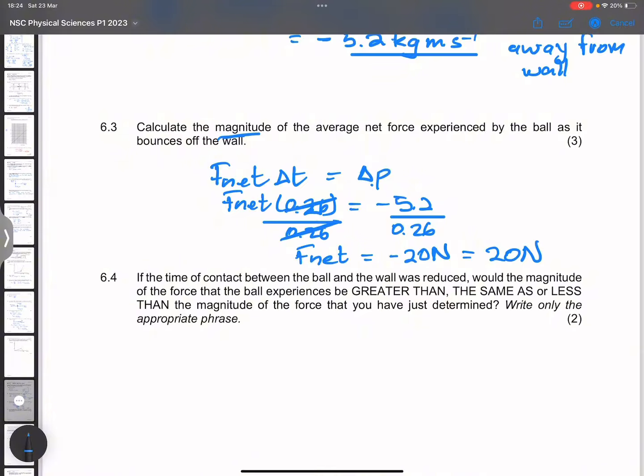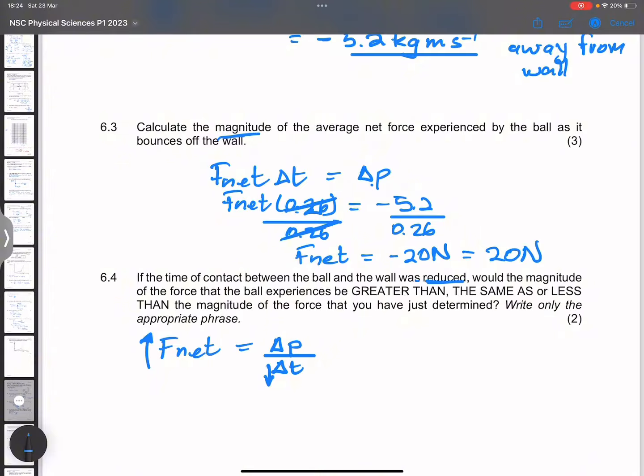Now, because I'm explaining here, I'm going to take you through this. If I rewrite that formula, the net force is actually the change in momentum divided by time. Now, if the time of contact was reduced, this becomes smaller.